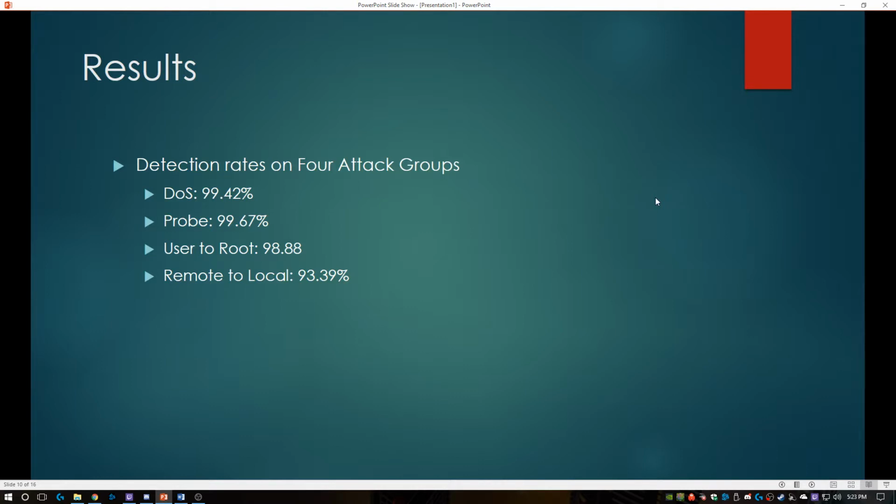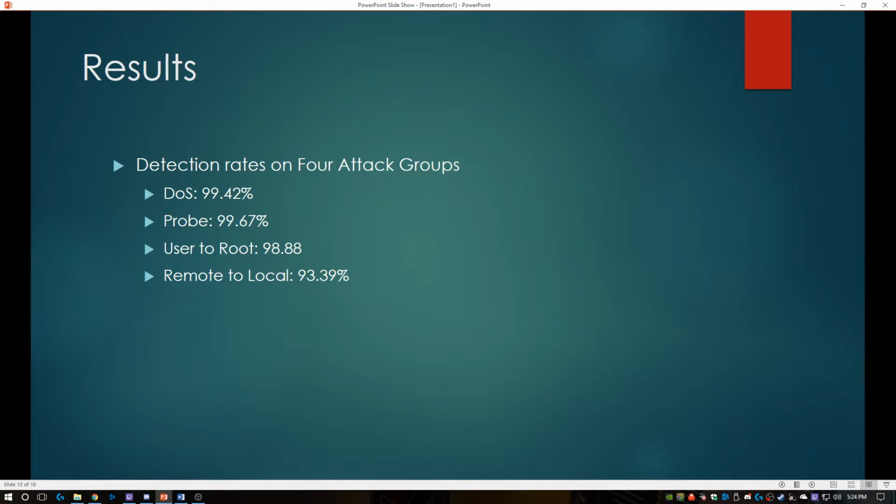So the results of this methodology in this experiment are the detection rates for the 4 groups. For denial of service attacks, the detection of cyber intrusions was rated at 99.42%. The detection rate for probe attacks was 99.67%. The user to root detection rate was 98.88%.